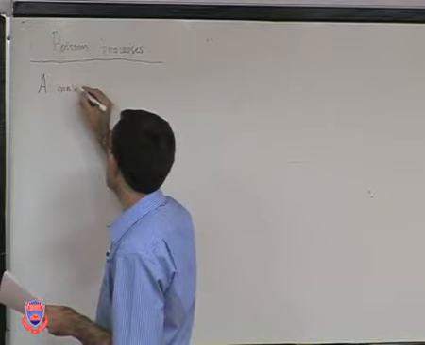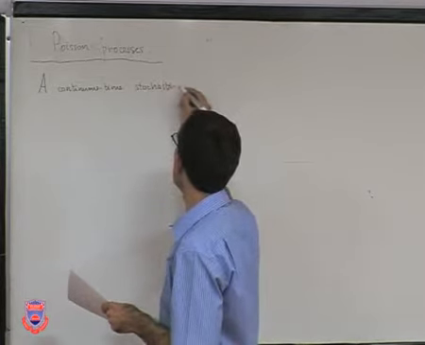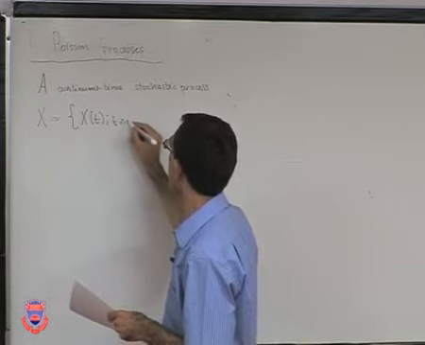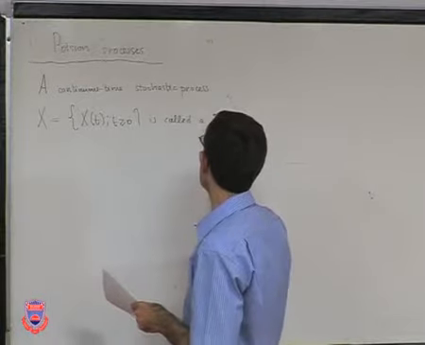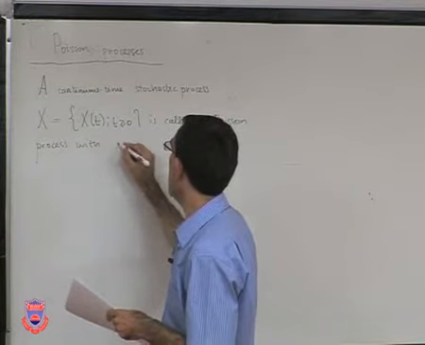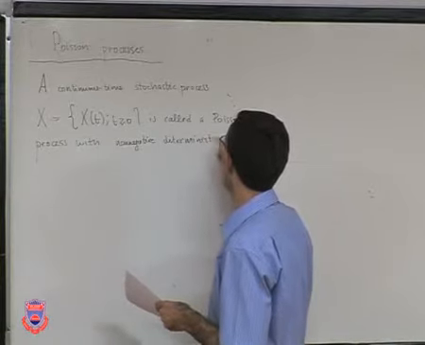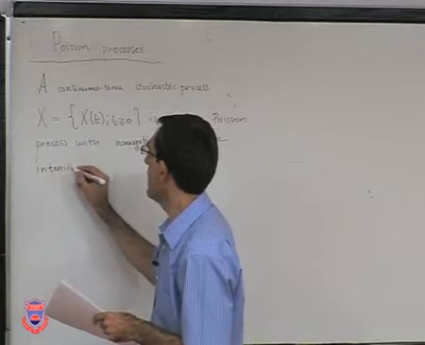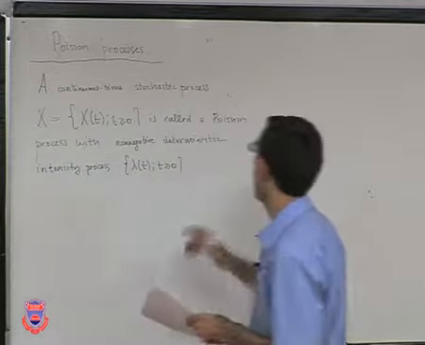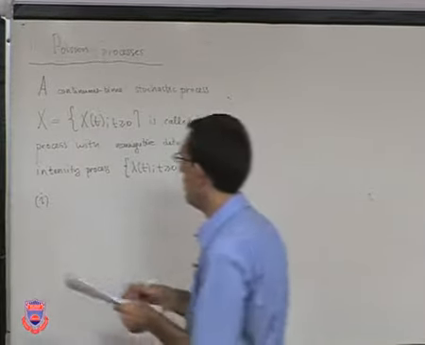A continuous time stochastic process X is called a Poisson process with a non-negative deterministic intensity process lambda, lambda t of t, if this process X satisfies two important properties or conditions.